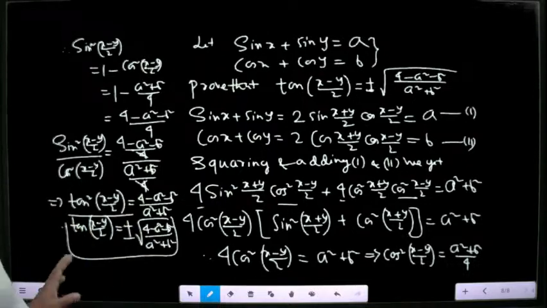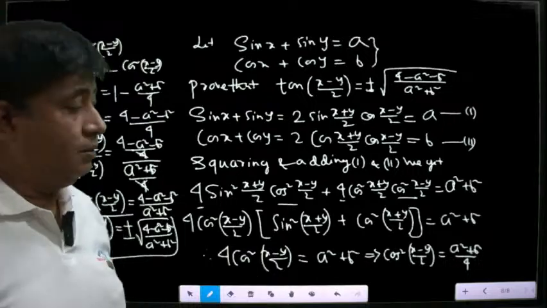Okay, so that is a good sum for board level preparation.